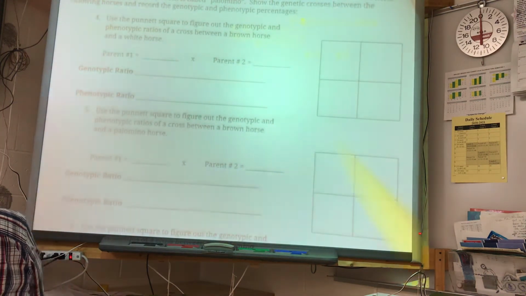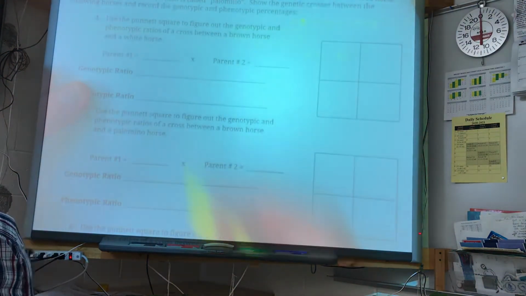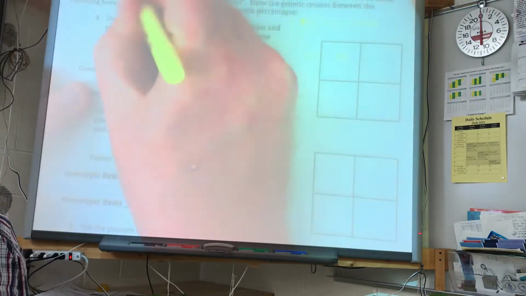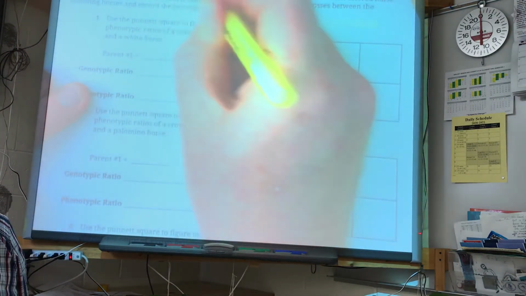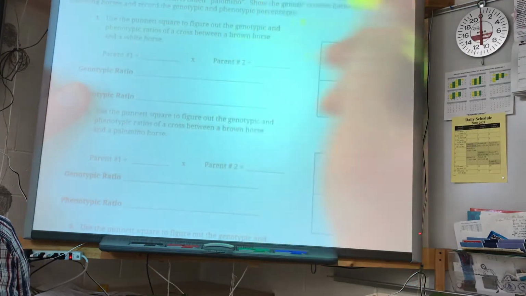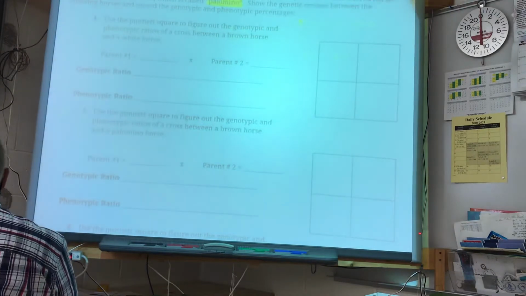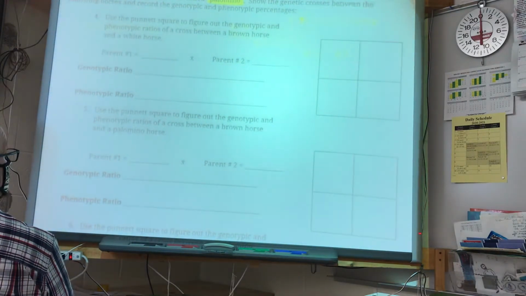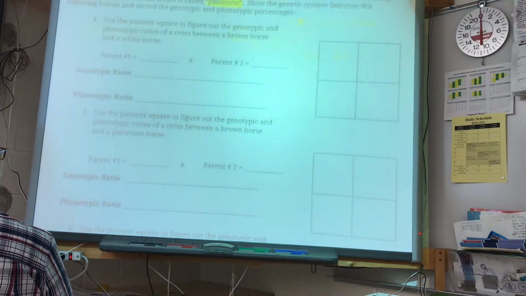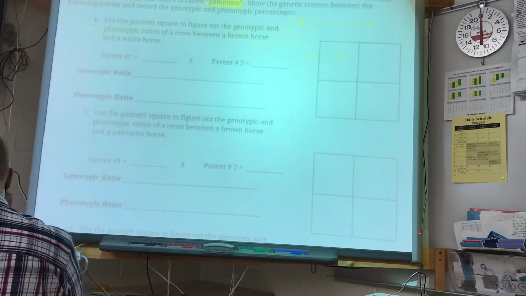On page 2, it's another example of incomplete dominance, talking about horses. Now, by no means am I going to claim to know much about breeding horses, but per this example, we're saying that incomplete dominance is true in horses: a brown horse is big B, a white horse is little b, and the genotype big B, little b, called heterozygous, will give us something in between.